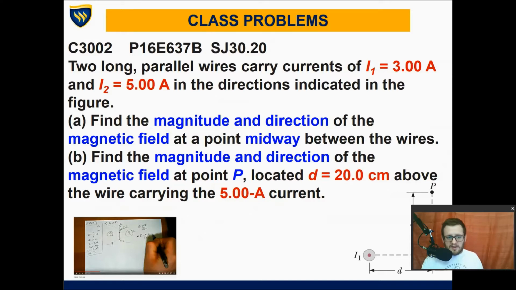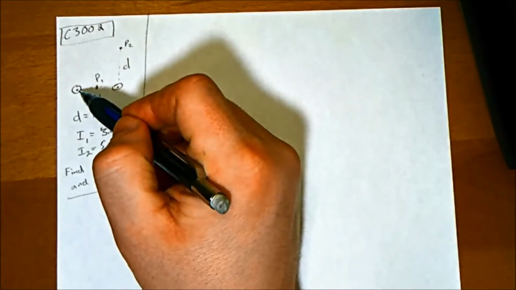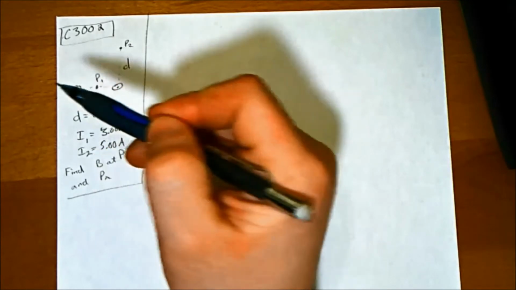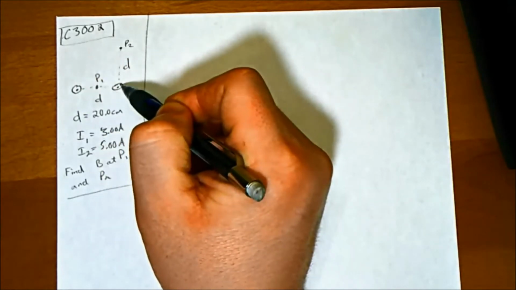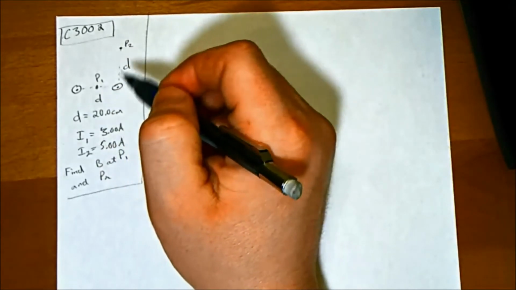So looking at this example, in this problem, you have two wires carrying two different currents, and they're both coming out of the plane of the page. They're separated by some distance d, and we're asked the two parts of this problem.